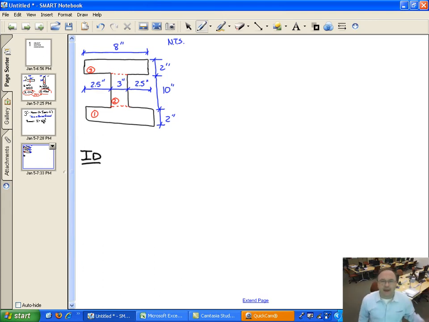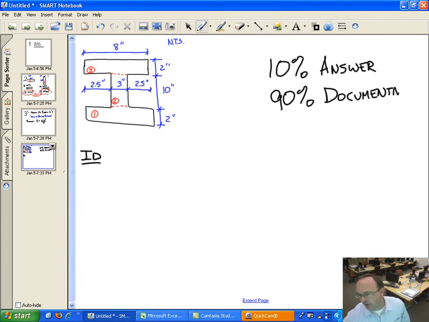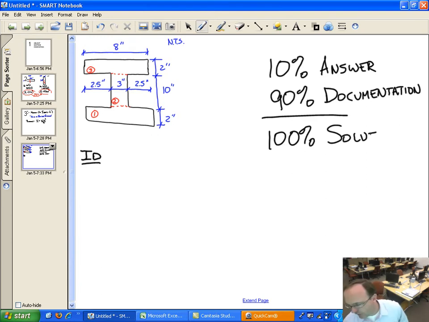Remember, the answer is only 10% of the solution. Clear documentation is 90% of your solution, which gives you 100% of the solution.